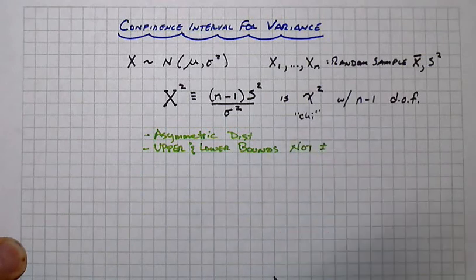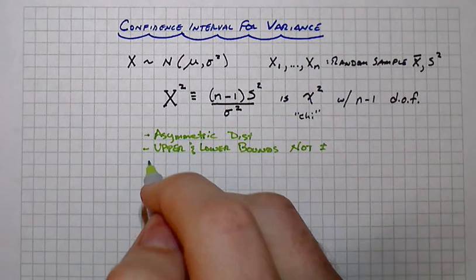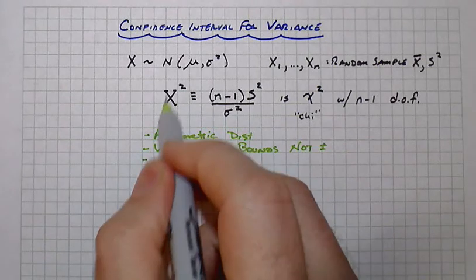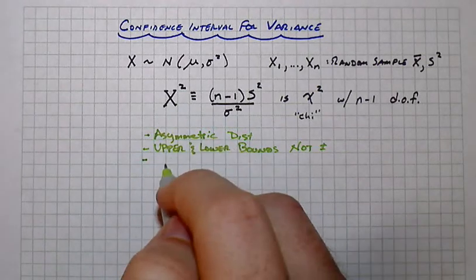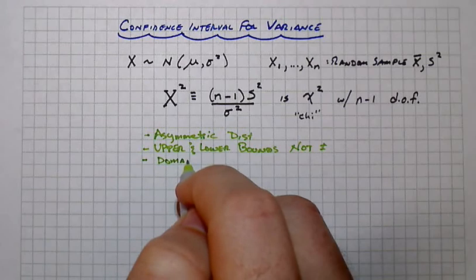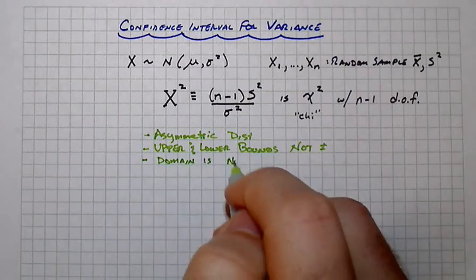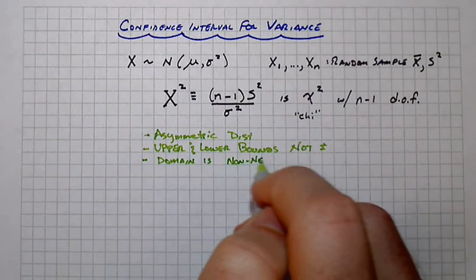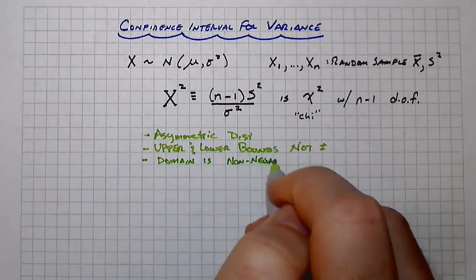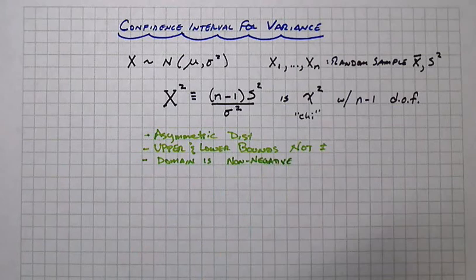That'll be a crucial aspect. Also note that by the very nature of it being a squared value, its domain is non-negative. It doesn't go to negative infinity, it goes from 0 to positive infinity. That's going to ultimately always make it a little bit different than the normal distribution.